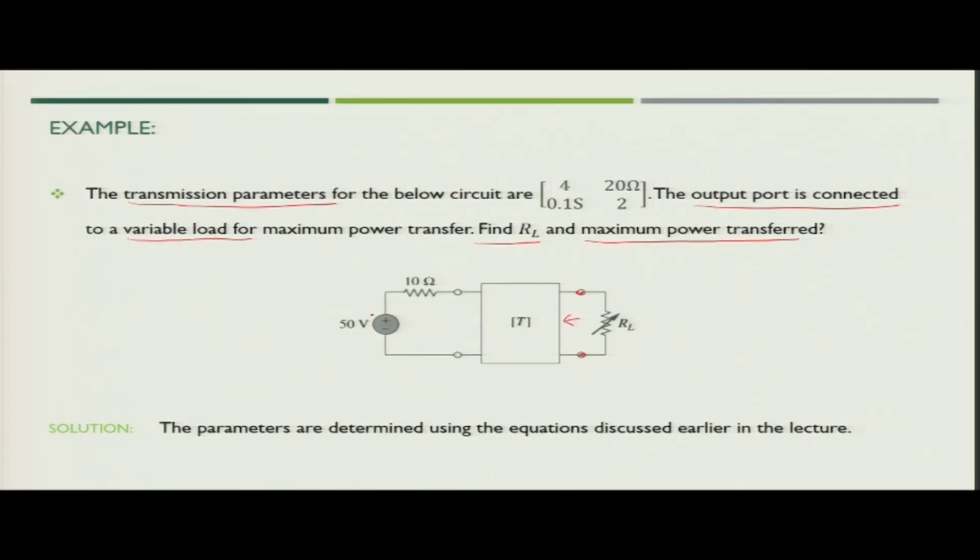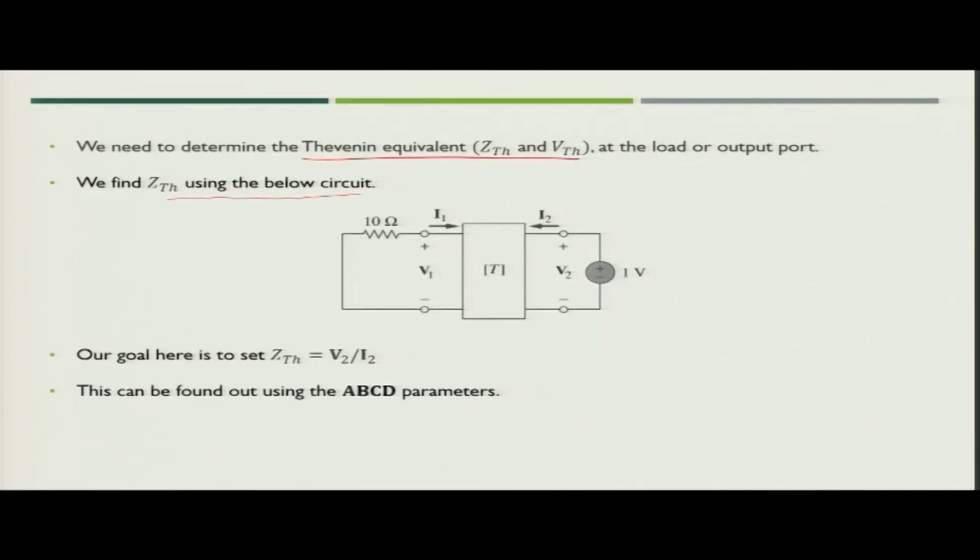So, here this independent voltage source we will short circuit, and then to find out the value of ZTH we will apply 1 volt at the output port, so that we can find the value of V2. When you get the value of V2 and I2, you can simply find out the value of ZTH.